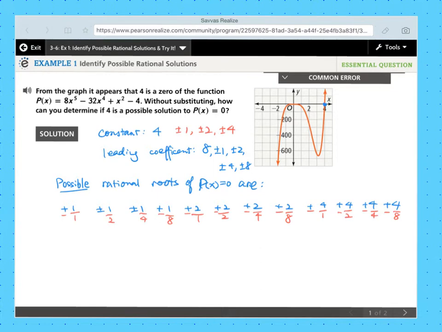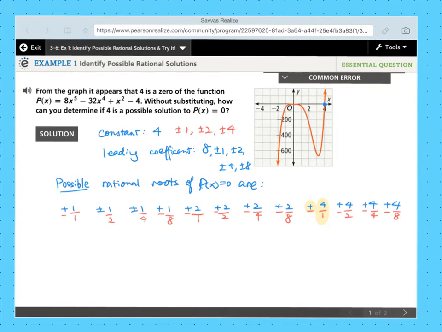So again, go back and revisit the question. The question says, without substituting, can you determine if 4 is a possible solution to p of x equals 0? So if you skim through the possible solutions to this polynomial, you quickly find out that right here, positive and negative 4 over 1, but we're only asking about positive 4, is amongst the possible solutions.